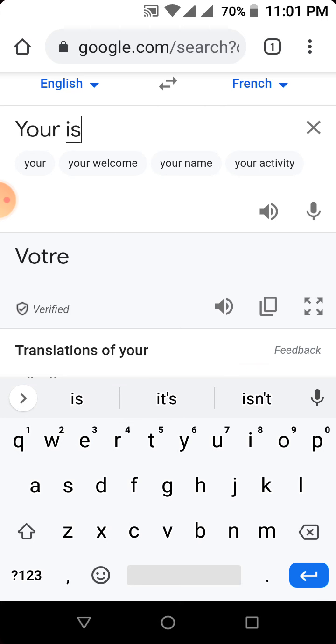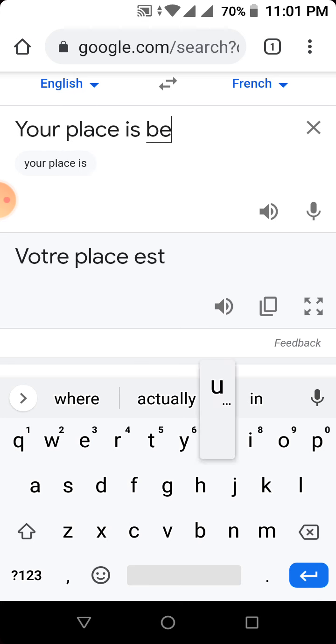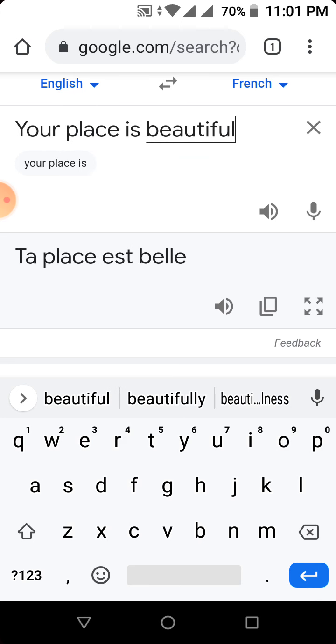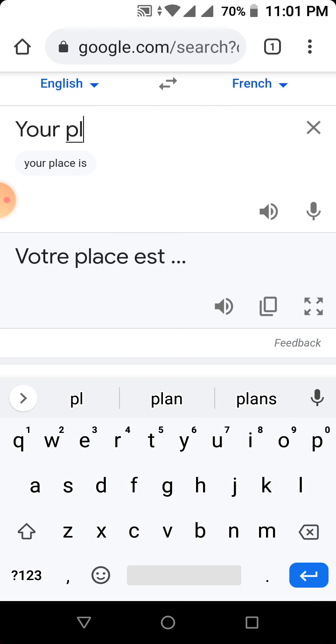So typing again, your place is beautiful, and then copying it on my notebook. So I have here Votre endroit est magnifique, and then having it one by one again.